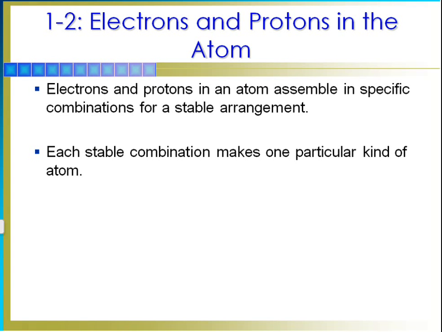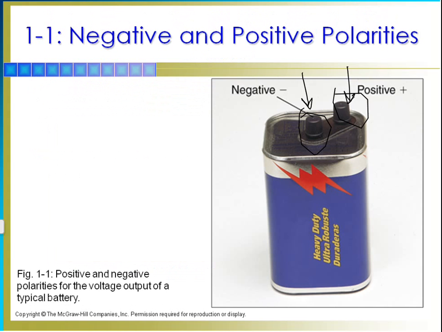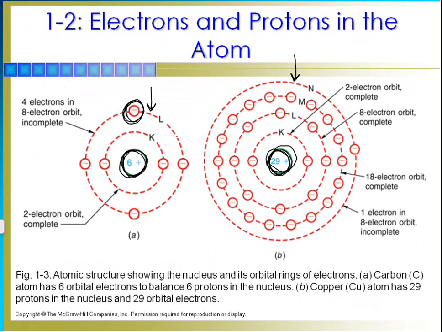Now, once again, electrons and protons in an atom assemble in specific combinations for a stable arrangement. And of course, that stable combination makes a particular atom. So let's back up again here. Going back to these two atoms, because of the arrangement of where the electrons are orbiting the protons in the nucleus, that's what makes this a carbon atom.